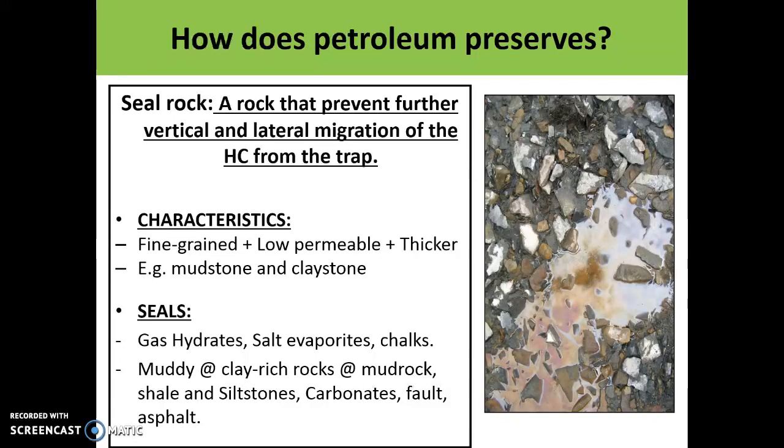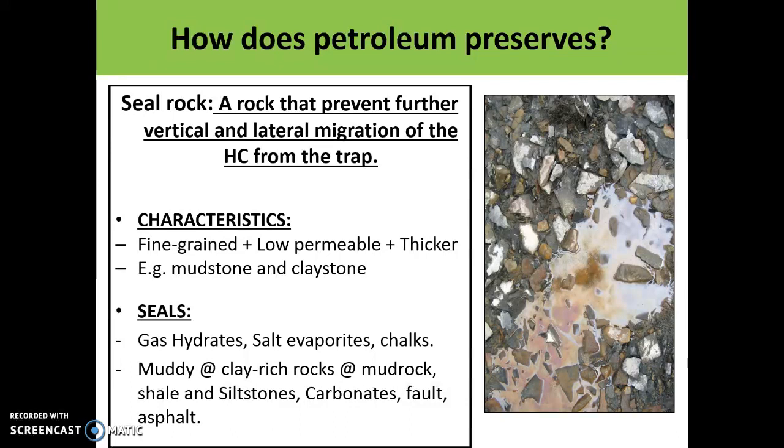For the muddy rocks, the clay minerals actually have to be more than 40% so that the rock can become ductile. And with a high clay content, it can make that rock, for example shale, become more ductile, because more ductile can cause less fracture due to less brittleness.